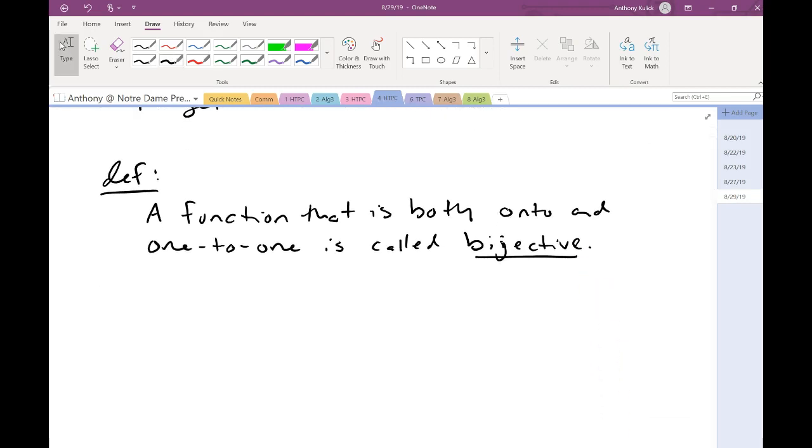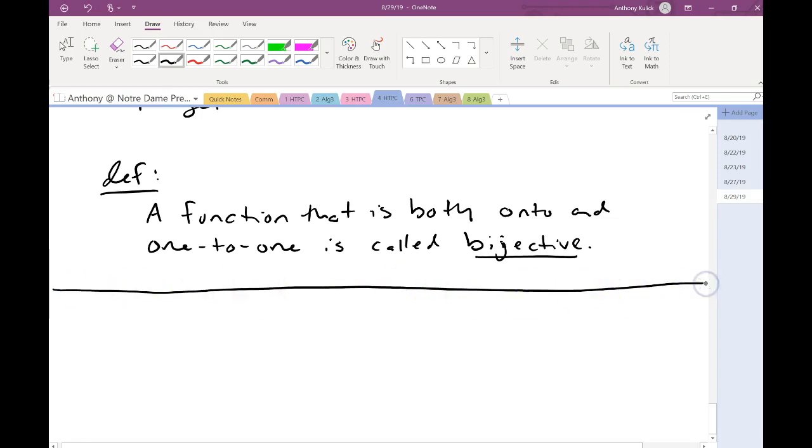All right, so let's do just a little bit of practice identifying whether something is onto, one-to-one, bijective, neither. Okay? So we'll start with mapping diagrams, and then after we've done some mapping diagrams, we'll do some graphs. Everybody's okay with that plan?